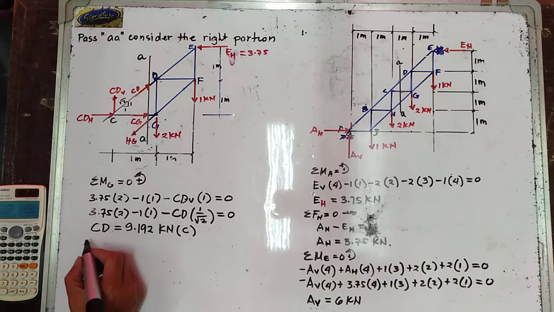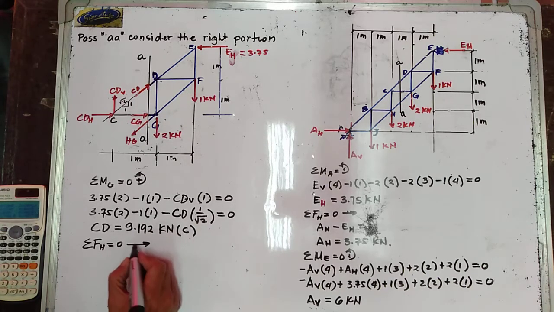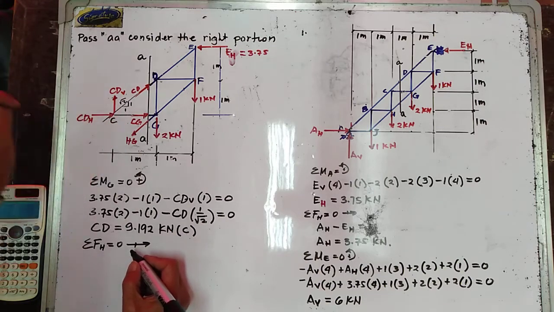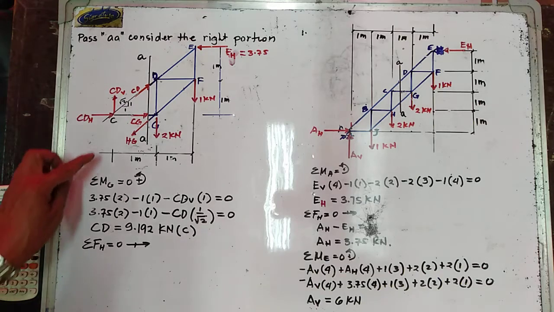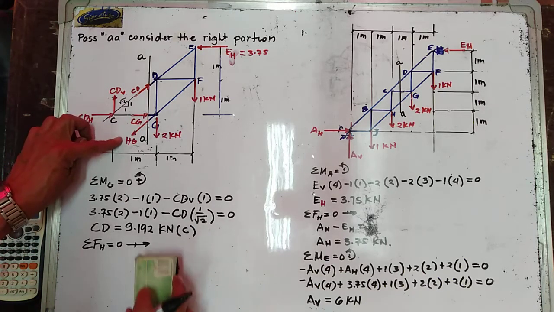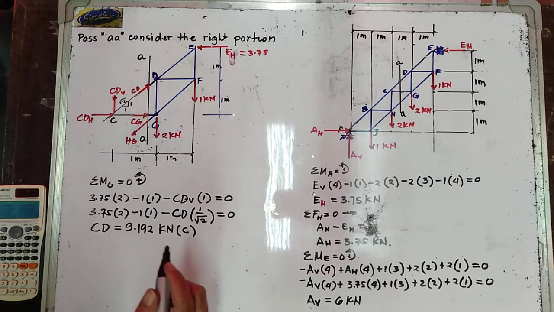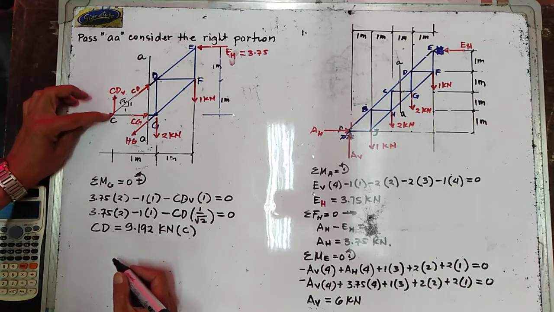Next, if you try to take summation of forces horizontal is equal to 0, to the right forces positive. Before, let us try to get your HG. So summation of moment about point C is equal to 0.